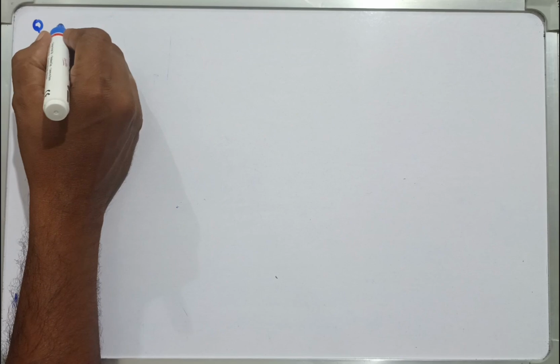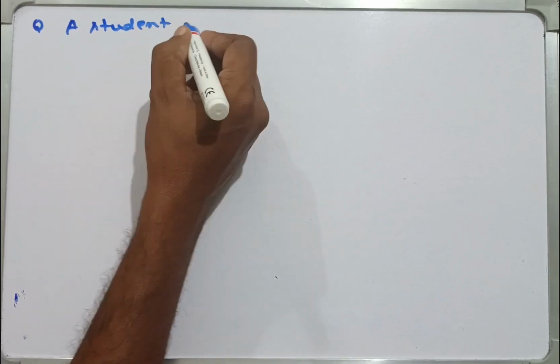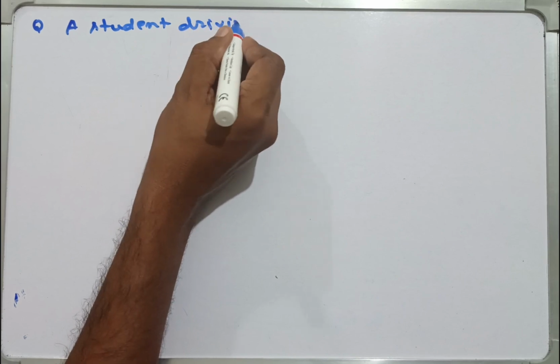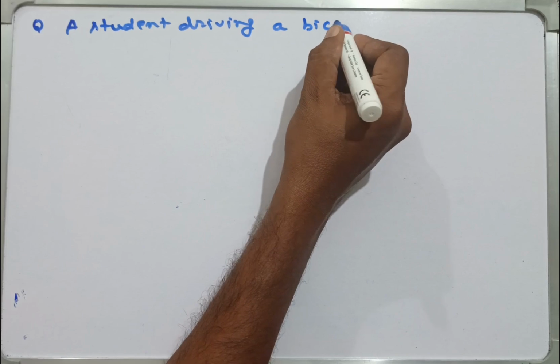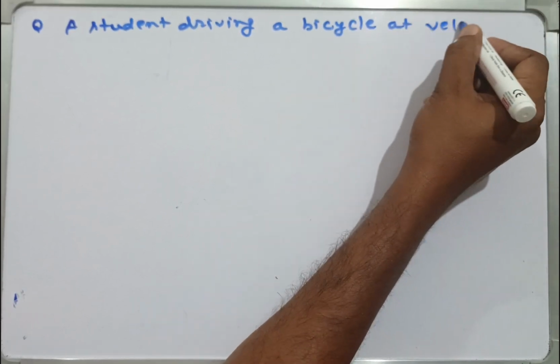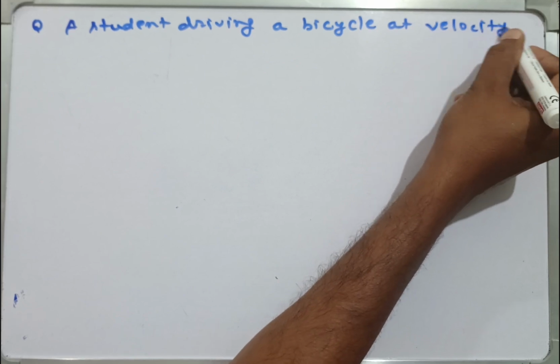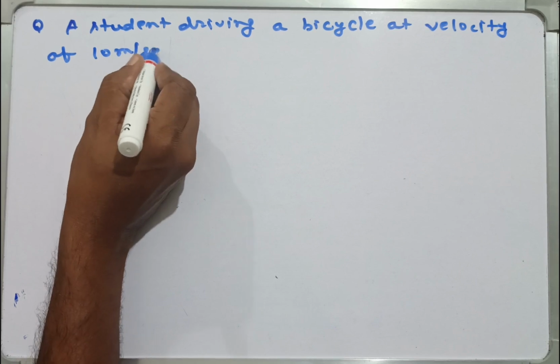Question is here: a student driving a bicycle at velocity of 10 meter per second.